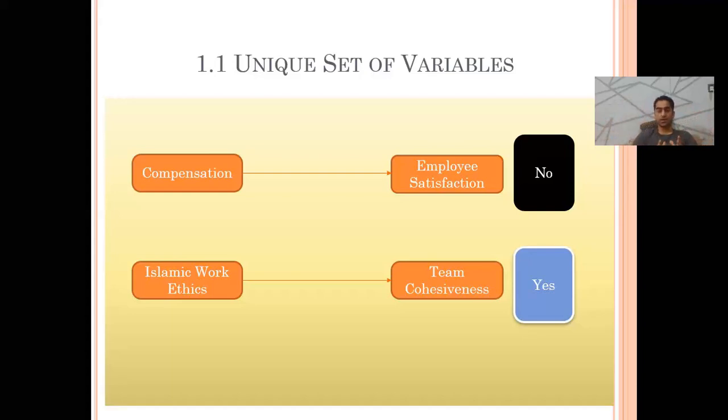Your paper is going to be accepted, or your thesis is going to be significant, if you are theoretically strong, if you can convince your reviewer that it is a masterpiece. It's not about the statistical part. If you are theoretically strong, then people are going to appreciate you. So my point is, even in 2020, you can work on the simple relationship of independent to dependent variables, provided, as I told you, that you don't find any empirical evidence about it.